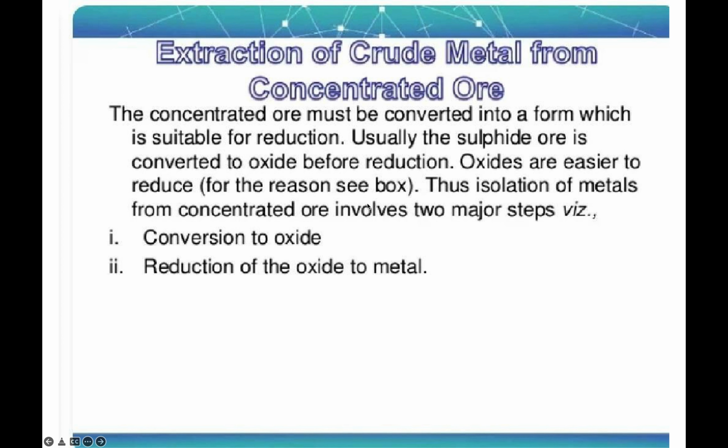Why are we converting it into oxide? Because we cannot directly reduce the sulfide ore. Importantly, oxide ore can be easily reduced, so you have to convert it into the oxide form first. The isolation of metals from concentrated ore has two major steps: conversion to oxide and reduction to metal. From oxide it is reduced to metal.